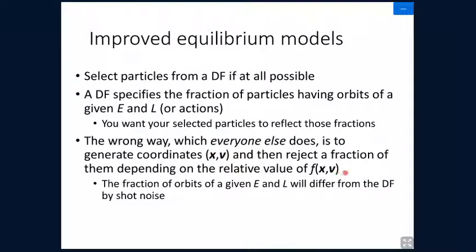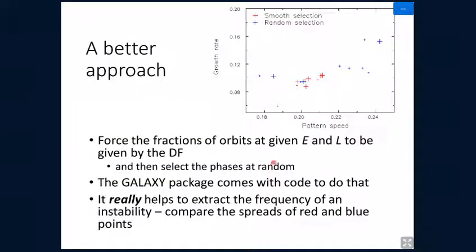That means that having adopted this procedure, you are bound to have a difference between the distribution function that you're trying to create and the one you actually create, by shot noise. And so you don't really want that to happen. And the Galaxy code provides a way of getting over that.